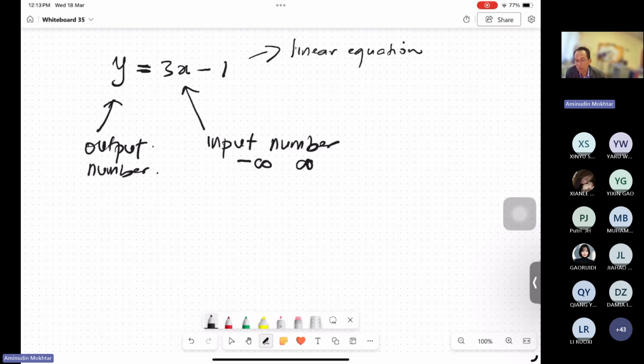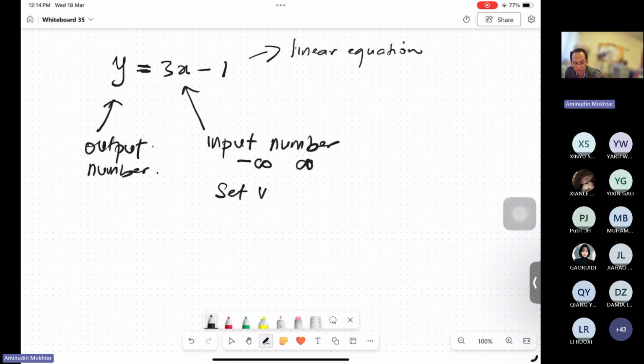Maybe there is only one value, x equal to 1 only, or maybe x can take more than one value: x equal to 2, 3, 4, 5, 6, 7, and so on. So in this case, we get the set of values of input.